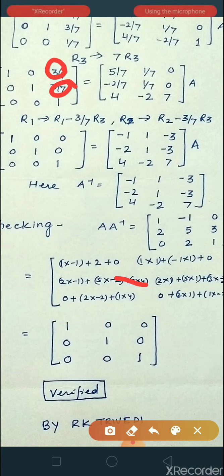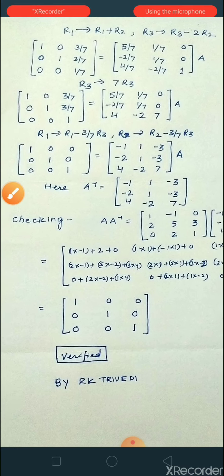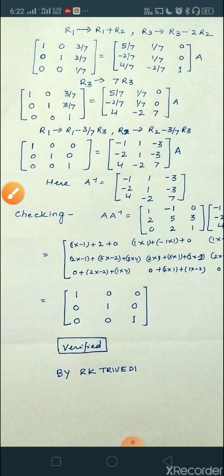That was our motive. So we replace R1 by R1 minus 3 by 7 R3, and R2 by R2 minus 3 by 7 R3. By doing this we get [[1, 0, 0], [0, 1, 0], [0, 0, 1]].